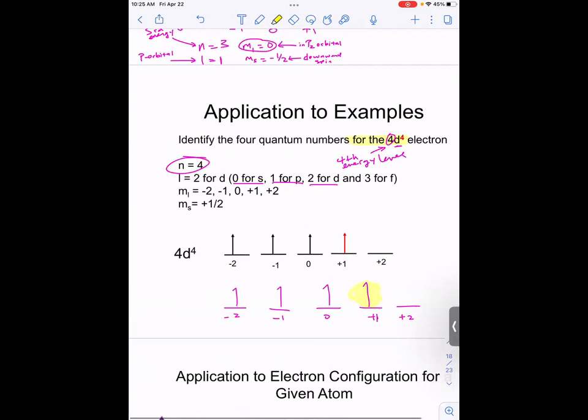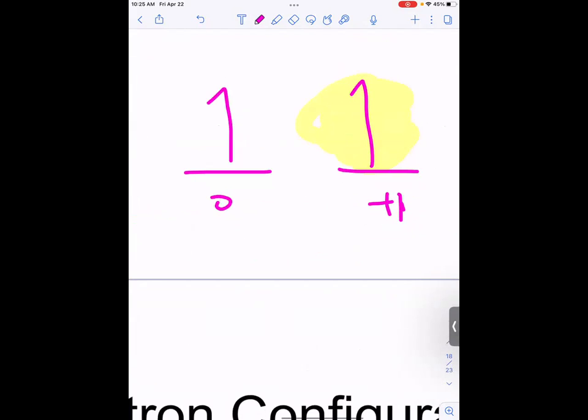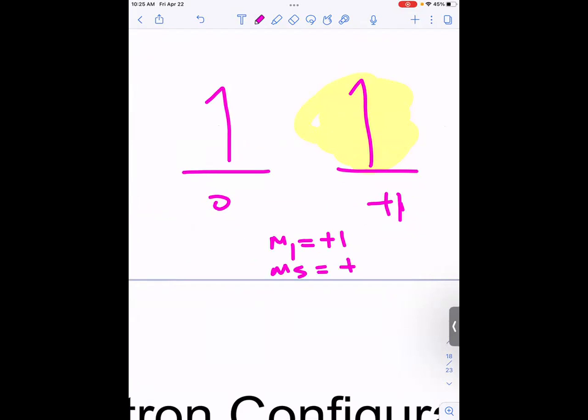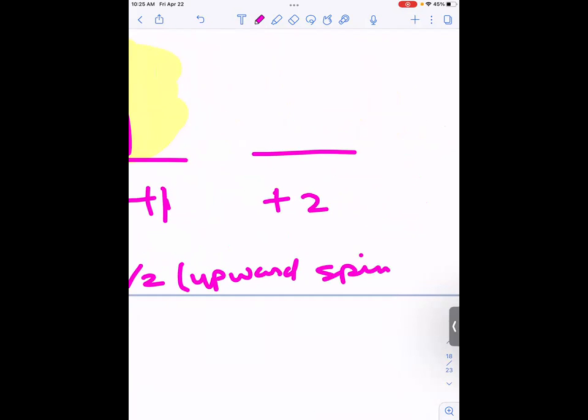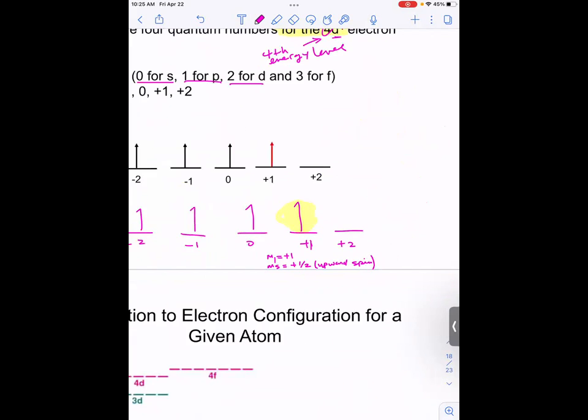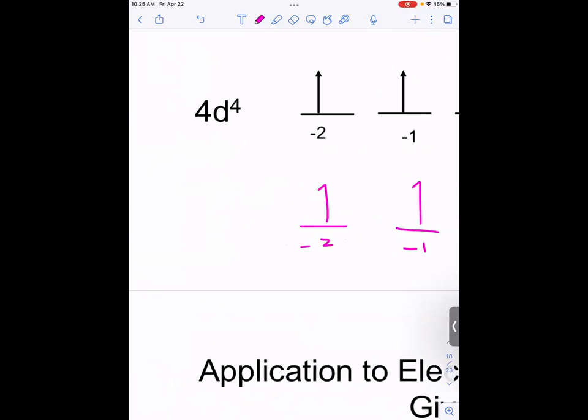So for that one, M sub L is +1, and then M sub S is +1/2 because it has an upward spin. All right. So if we wanted to give the 4 quantum numbers, we would say that N is 4.